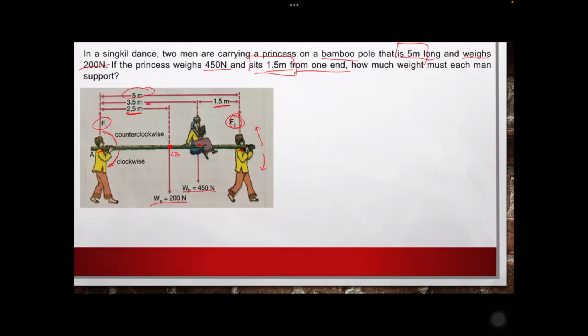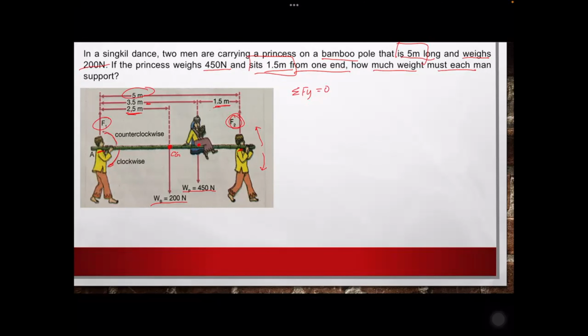Let's solve it. The question is, how much weight must each man support? So, we will get the force of F1 and the force of F2 so that they can lift the princess together with the weight of the bamboo. So here we use the summation of Fy is equal to 0.